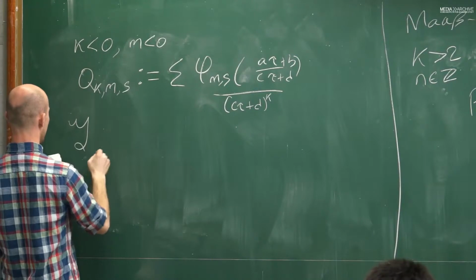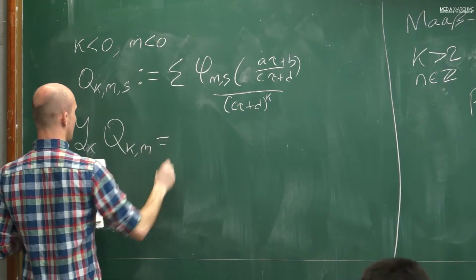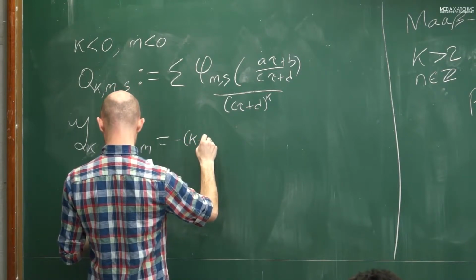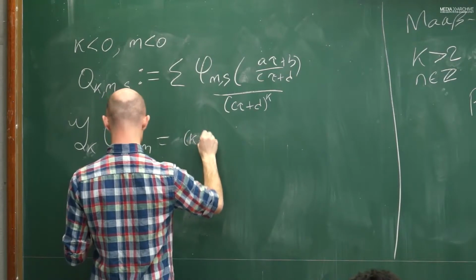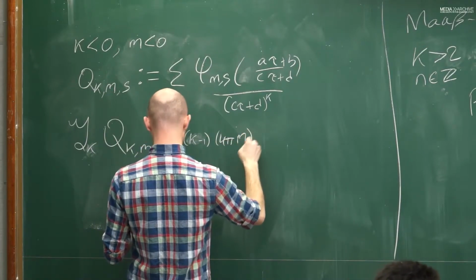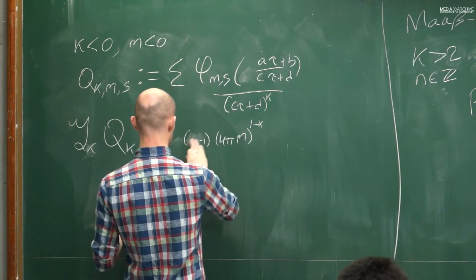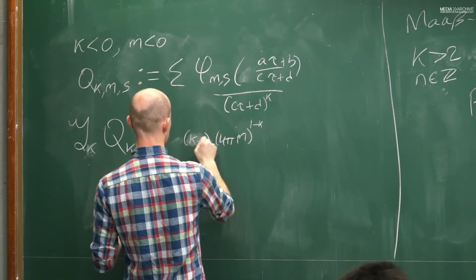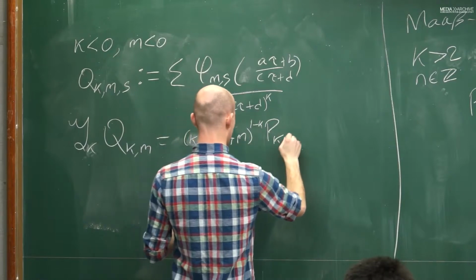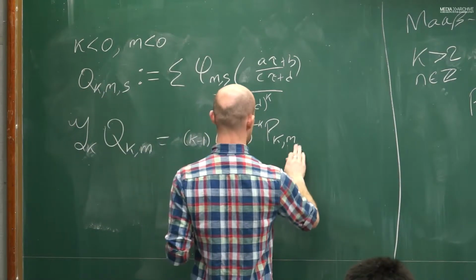It also has a very nice property that if we act on it with xi, this is equal to k minus 1 times 4 pi m to the 1 minus k times this other Poincare series, P sub k,m.